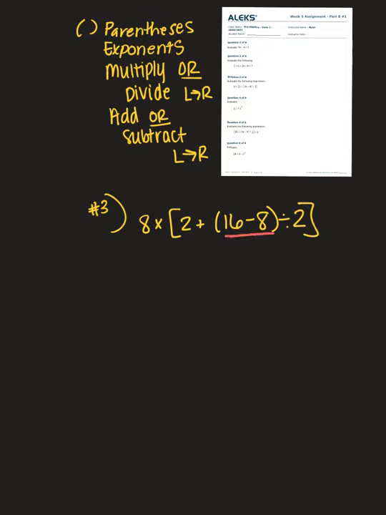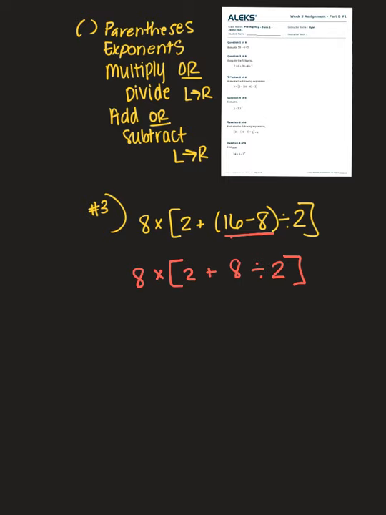Inside our parentheses, we treat them like their own order of operations problem again. So 16 minus 8 becomes 8. I'm going to copy everything else down, and so now I have 8 times, I'm going to keep my bracket, 2 plus 16 take away 8 is 8. We can drop those parentheses. I still have this divided by 2 on the outside, and then we'll close the bracket.